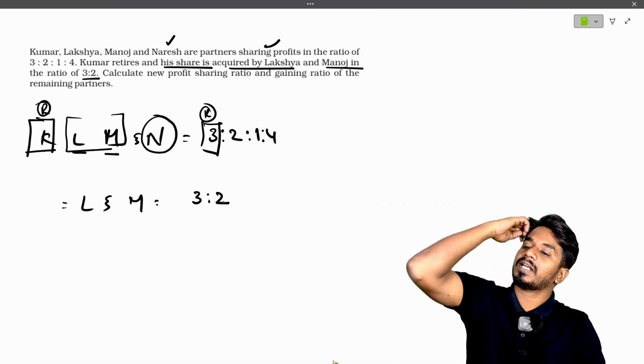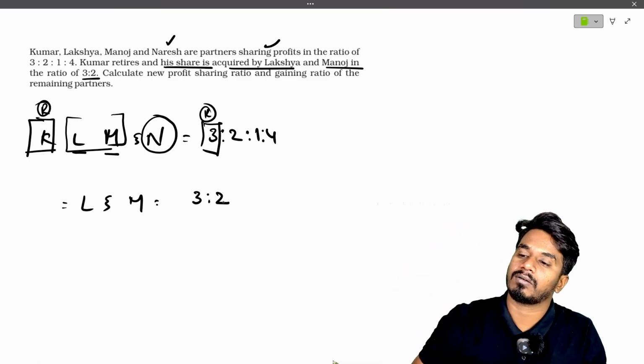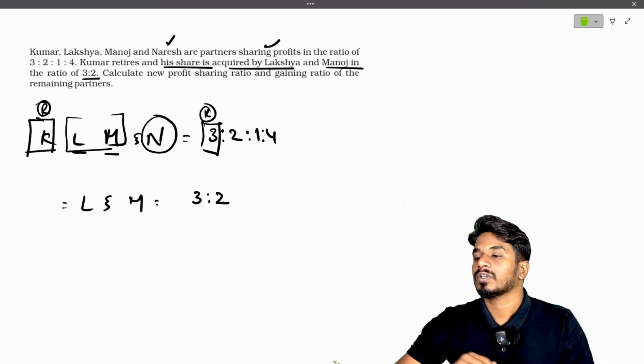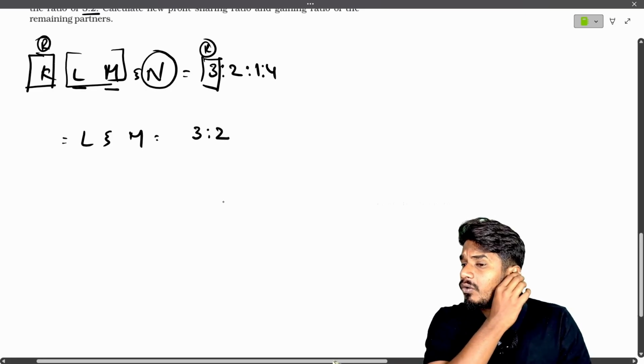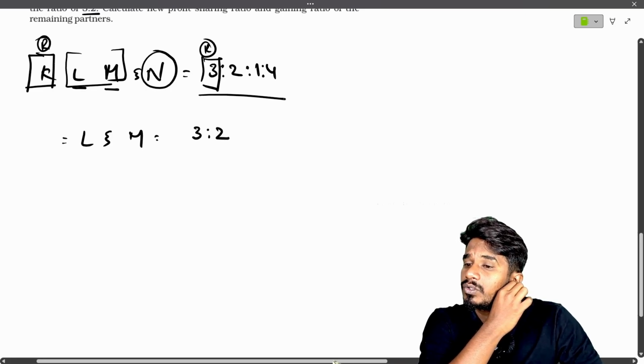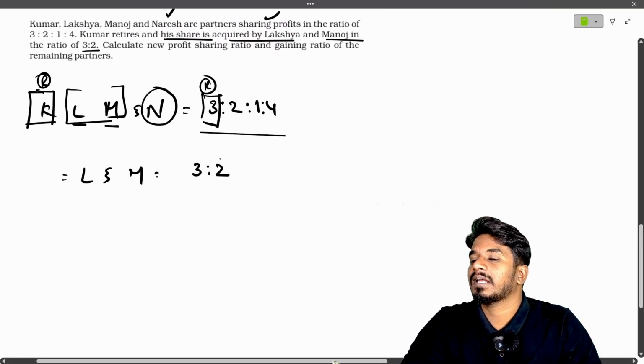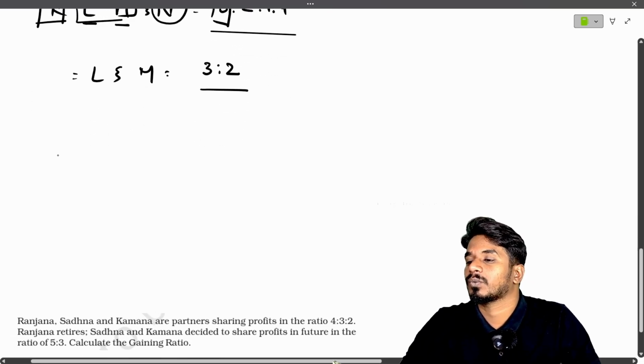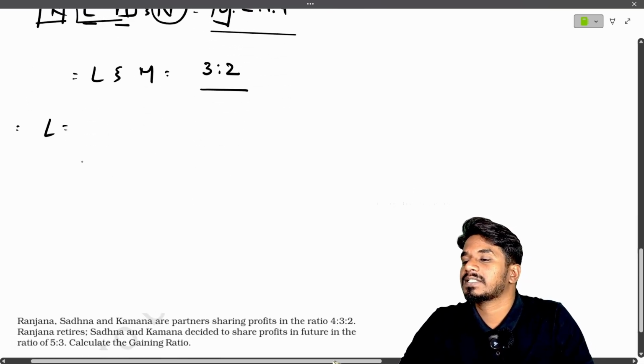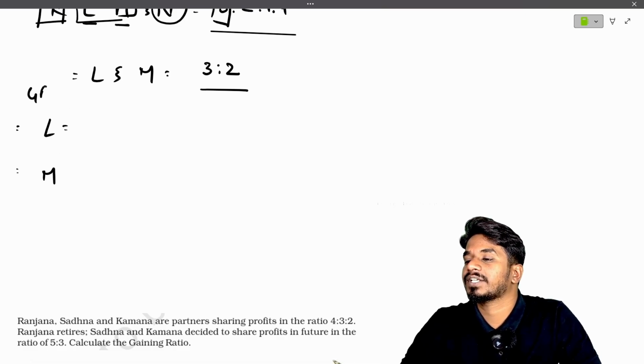So we have to calculate new profit sharing ratio and also gaining ratio. Let us see how we can calculate. This is their old share. Out of that, L and M are acquiring 3 is to 2. So we have to find the gain ratio now.